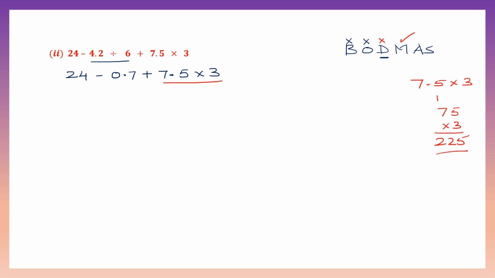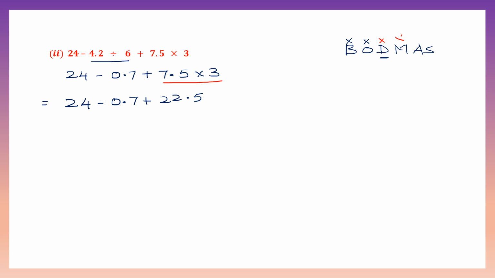Now go back to the question. Here there is one decimal place. So here also I'll put one decimal place. So now let's continue here. What do we have? 24 minus 0.7 plus 22.5.